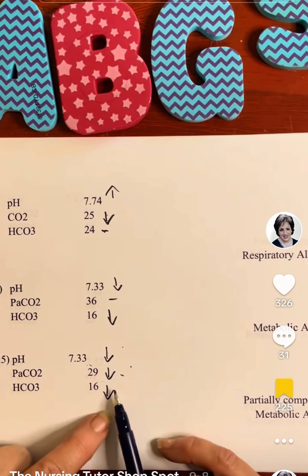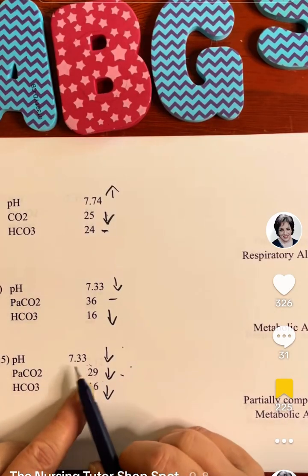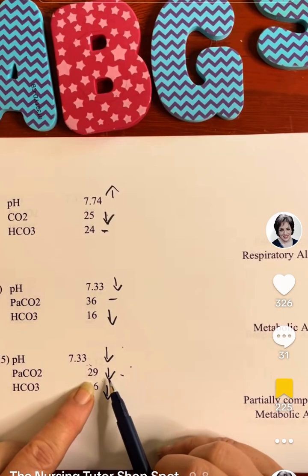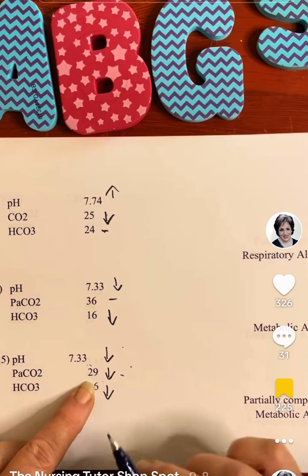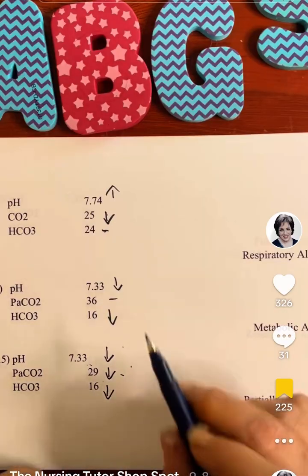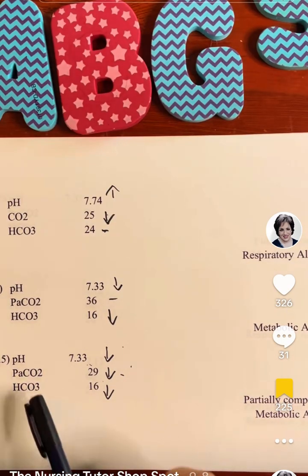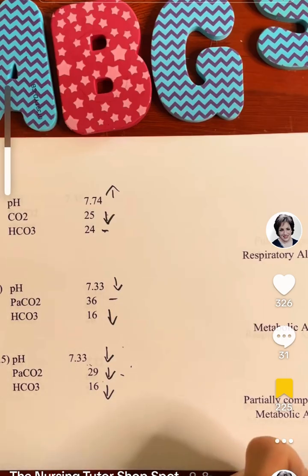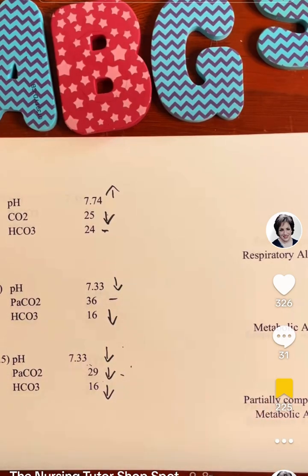Why is it partially compensated? Because the pH is still out of whack. But you see, the kidneys are doing what they need to do. So I want you to think about this. If the CO2 is low, carbon dioxide, are they hyperventilating or do they have decreased respirations?